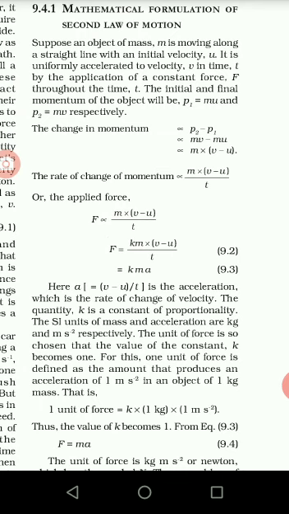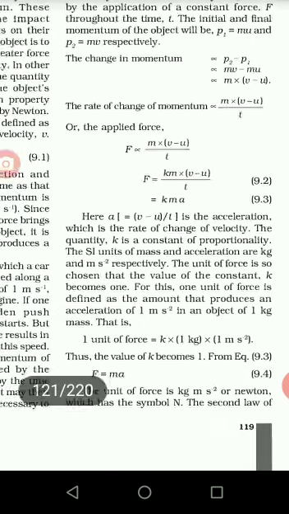Here a equals (v minus u) by t is the acceleration, which is the rate of change of velocity. The quantity k is constant. Already you know that the SI units of mass and acceleration are kg and meter per second square respectively.